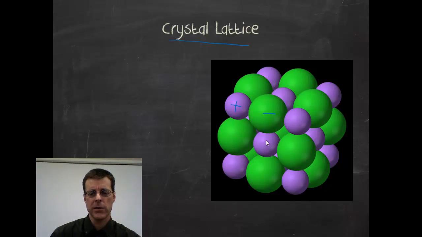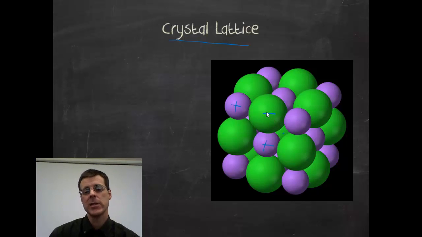My negative charges are as far away from each other as possible as well. If I look at the sodium here in the middle, it is surrounded by one chloride on top, one beside, one below, one on the other side, and we are in 3 dimensions. So there's one behind it, you can kind of see it back there, and if I had more layers in front, there would be one in front of it. So if I do the full count, I've got one sodium ion surrounded by 6 chloride ions.